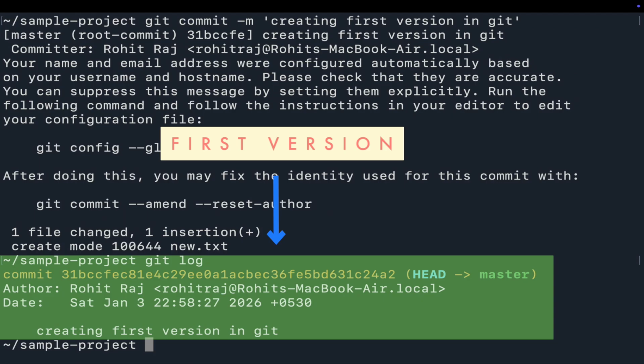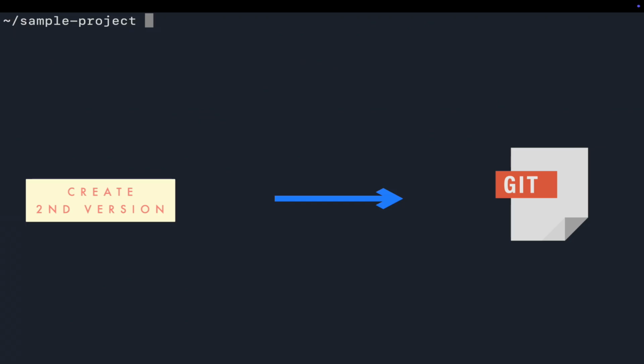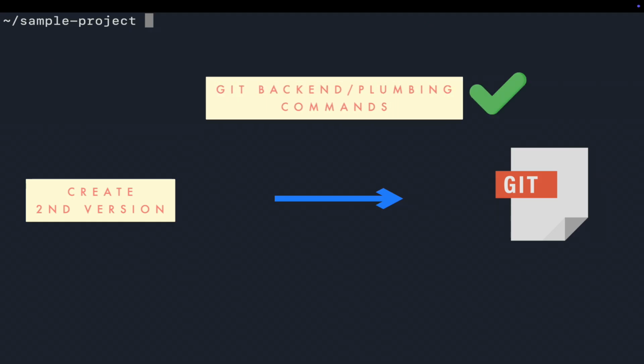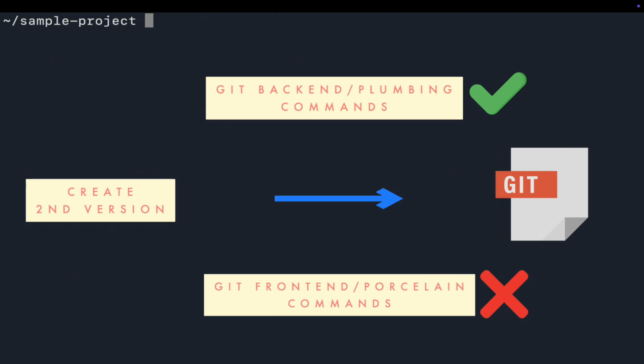Great. Now let's try to create the second version, but this time we will create it using only the backend commands, or the plumbing commands, and we will not use the front-end git commit command, right?